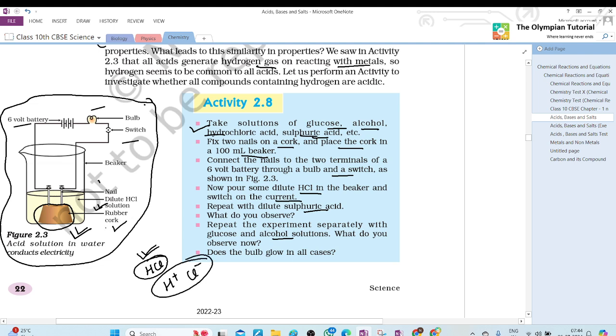Electricity conducts with the help of ions. If the bulb does not glow with any substance, it means the substance is not a conductor, it is not giving ions, and the intensity of the bulb depends on the concentration of ions.